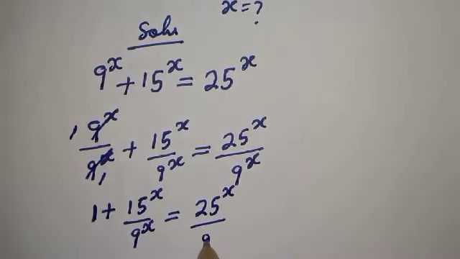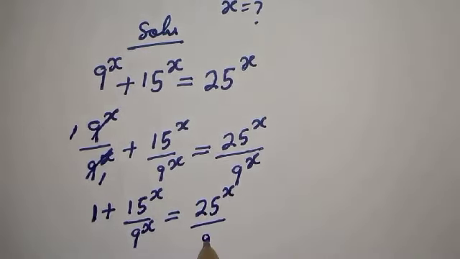So this can be written as 1 plus 5 raised to power s over 3 raised to power s is equal to, this can be written as 5 square raised to power s over 9 is 3 square raised to power of s.